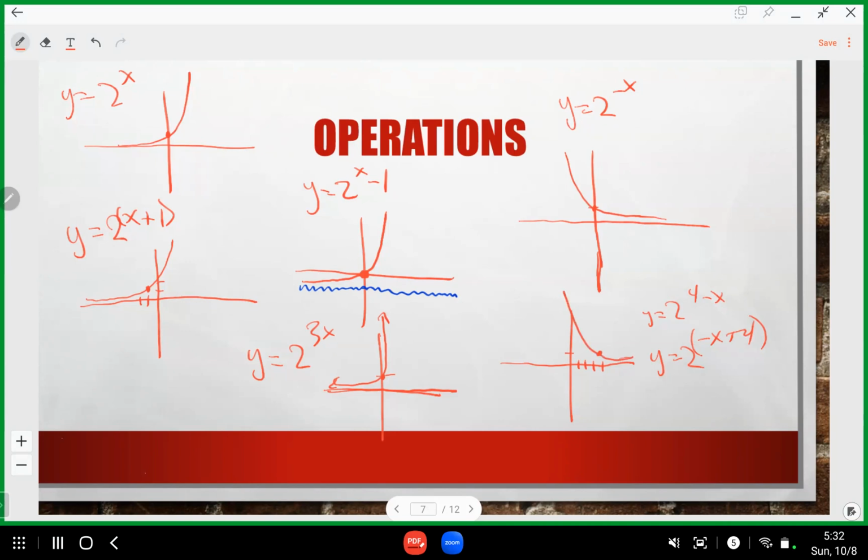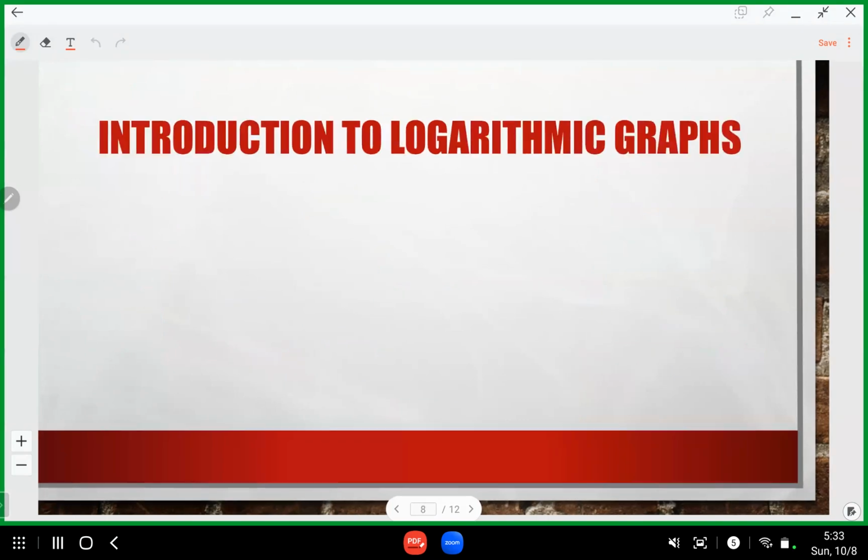Okay. So these are the operations of the exponential function. So hopefully you took notes on this, and then let's move on to the logarithms. So logarithms, despite looking a bit complicated, are very simple and very similar to exponents.